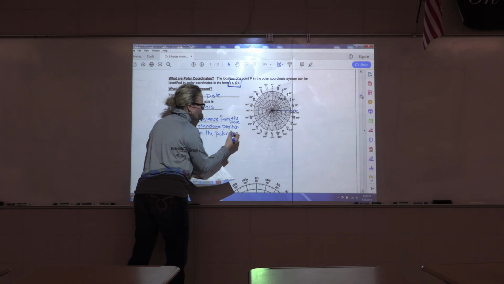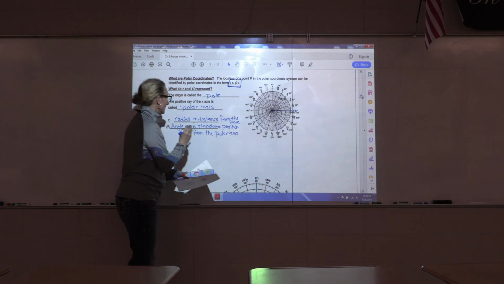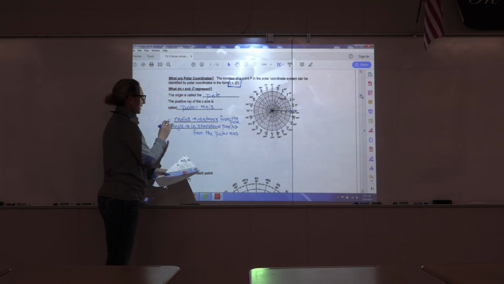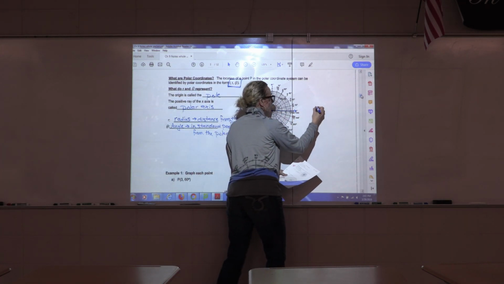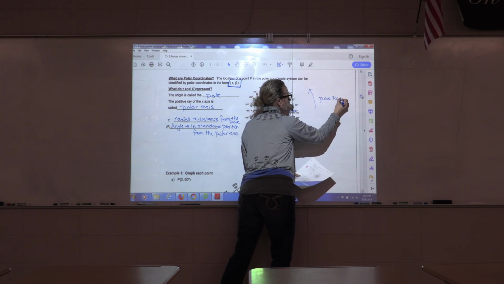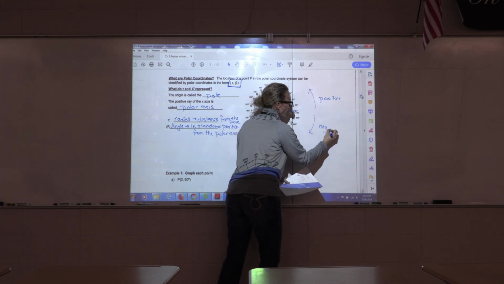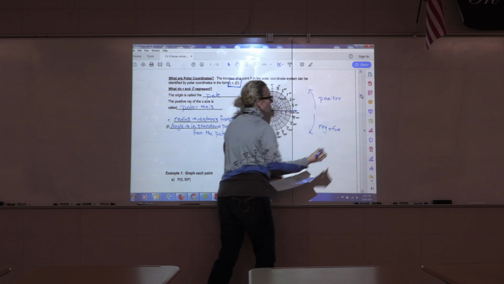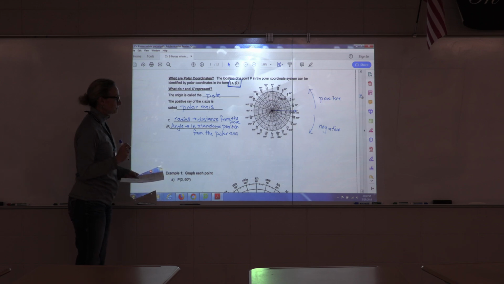A reminder about that: the angle is going to be the angle in standard position from that polar axis. Keeping in mind, moving this direction is positive angle measure. This direction is negative angle measure. So positive angle measures, negative angle measures.